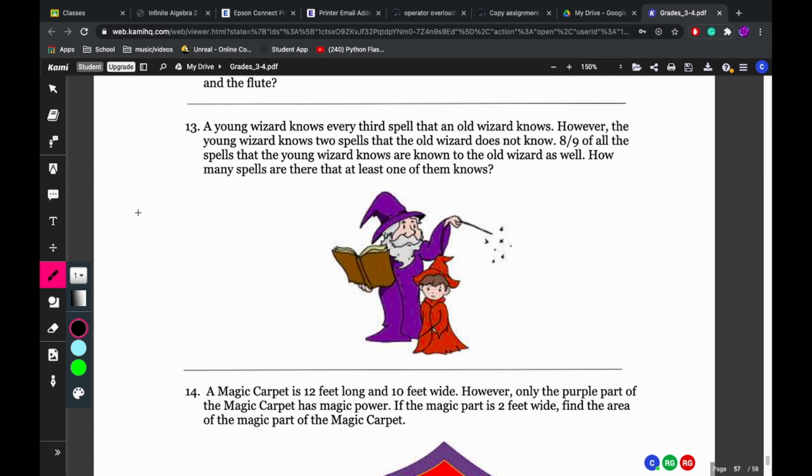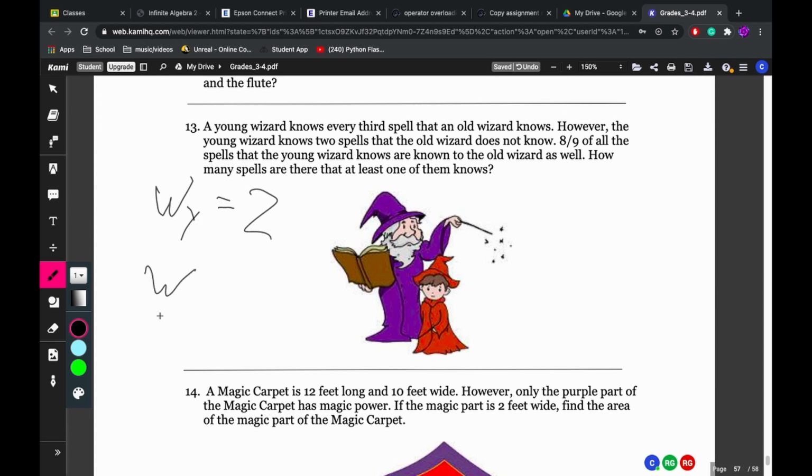So I'm going to put W for wizard, and then right at the bottom, really small, for young. So wizard young equals 2 spells. The young wizard knows 2 more spells than the old wizard does.